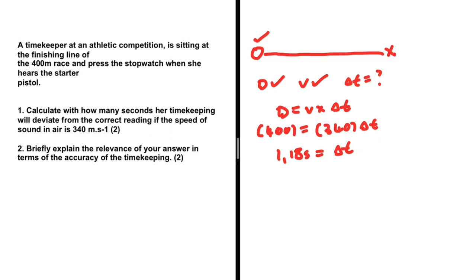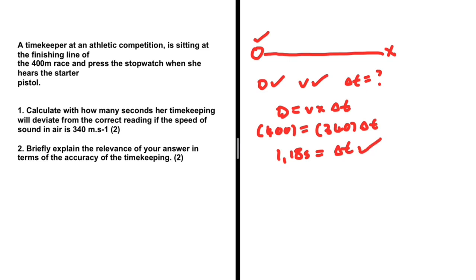So the timekeeper will only start the timer after 1.18 seconds has passed. They're already running in 1.18 seconds, and that's the only time where the timekeeper will start the timer. So it will deviate by 1.18 seconds.